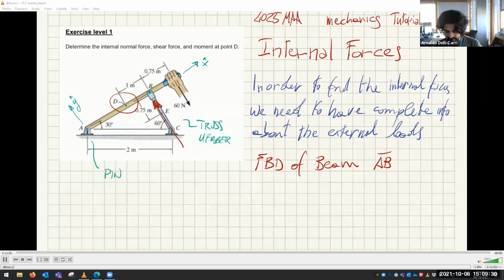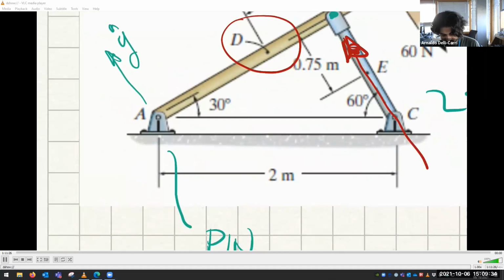And this pin, I told you, reacts with a set of two perpendicular forces. Again, it doesn't matter as long as they are perpendicular to each other. It's the same thing because you can always split them and recombine them in different directions.